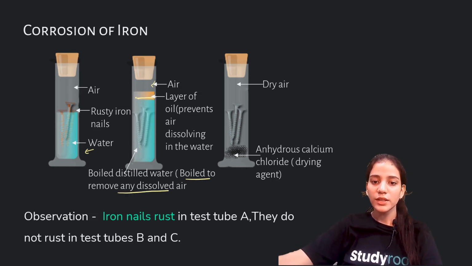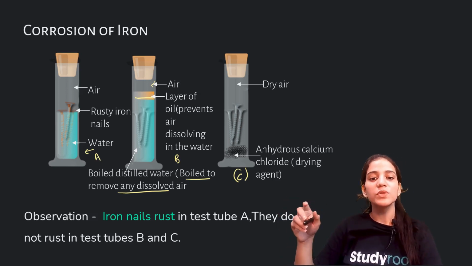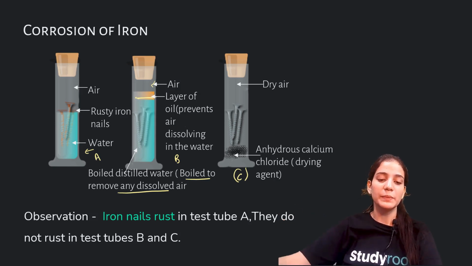Now in the third test tube, we have dry air and anhydrous calcium chloride. So basically it is a drying agent. So what can you observe from this experiment?